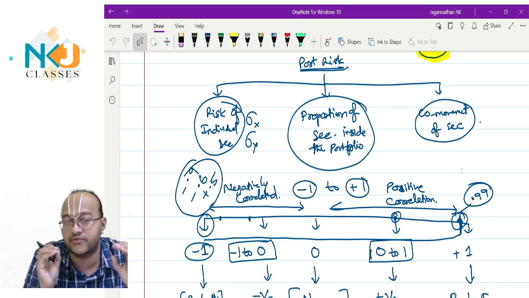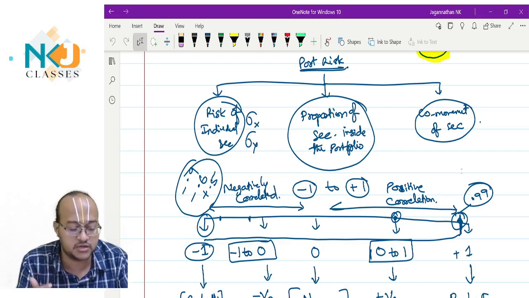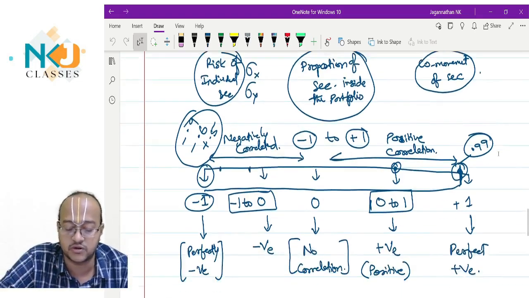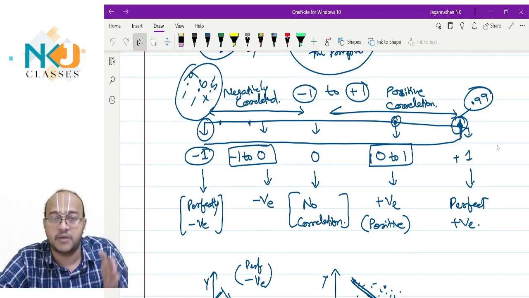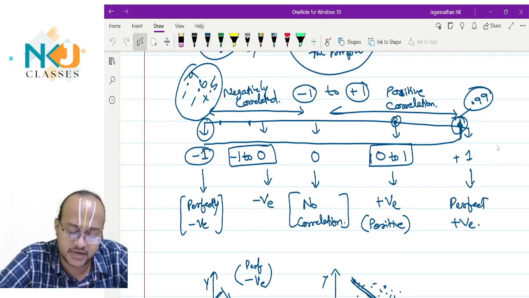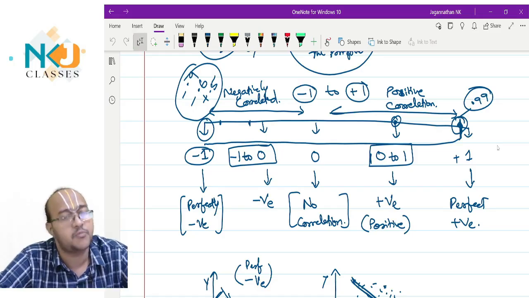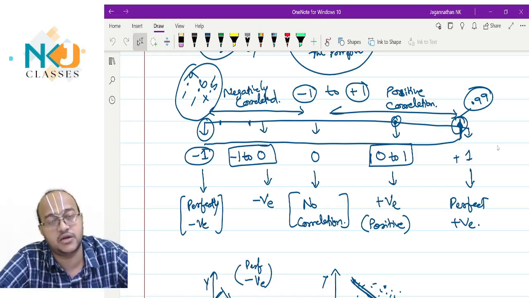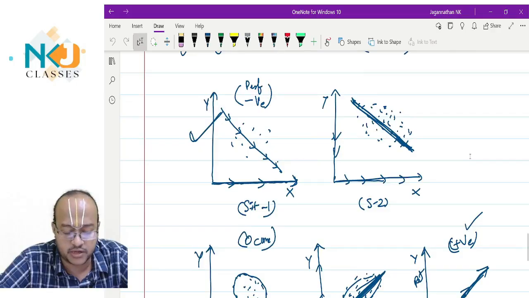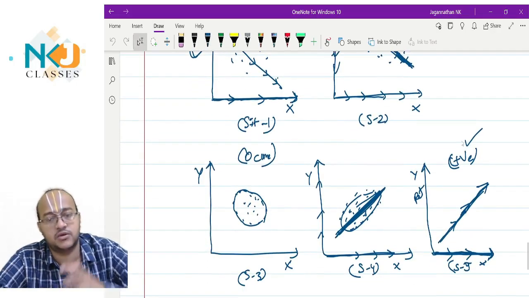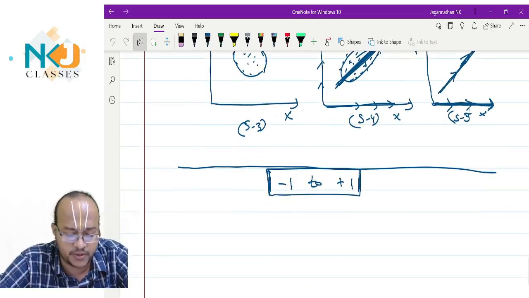It is not that only 5 correlations are there, but majorly 5 different correlations are possible, from -1 to +1. -1 is perfectly negative, -1 to 0 is negative but not perfectly negative, 0 is no correlation, 0 to 1 means positive correlation but not perfect, and +1 is perfect correlation. And we saw how the points are plotted in the graph to find out the strength of the correlation. Are you understanding co-movement, right?